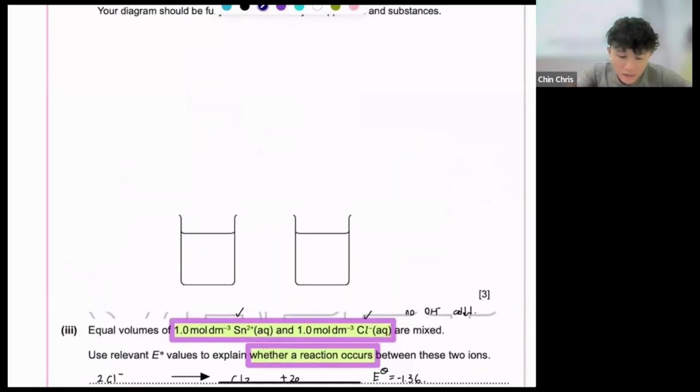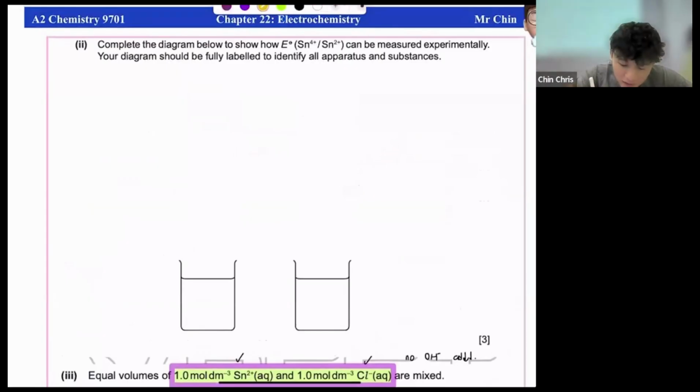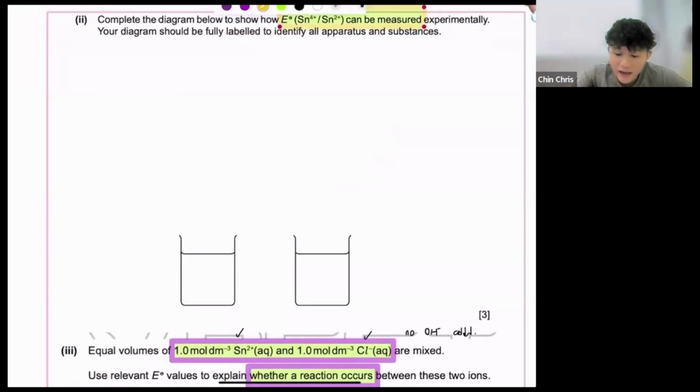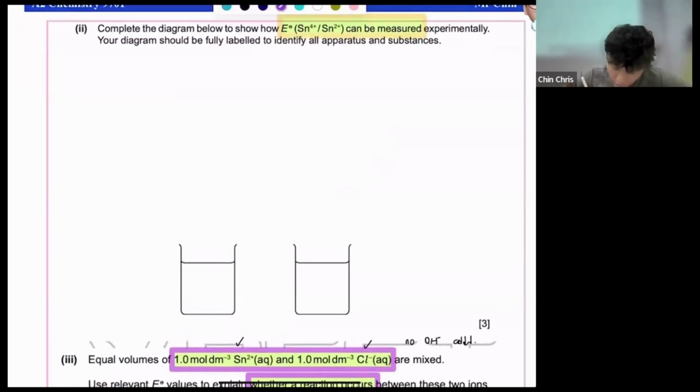Okay, so guys, let's try 2 first. They want the standard potential of Sn4+ and Sn2+. To draw a standard cell, first, you always have to dip it into a hydrogen electrode, right? We're going to draw the hydrogen first. So I'm going to draw differently this time. This is your hydrogen half-cell.